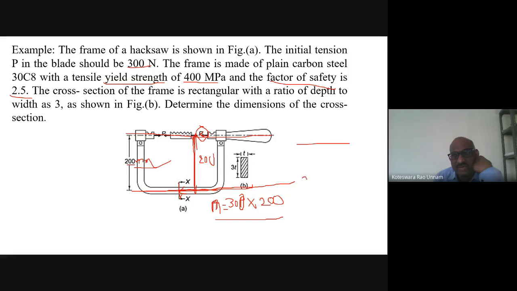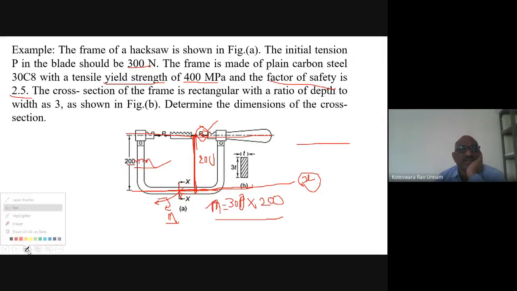Suppose I take the longitudinal axis as x, and P is acting in the x direction, of course in the negative x direction. And if I take the vertical direction as y, the load is in the x direction and the distance is in the y direction. So therefore it is going to create a moment acting something like this, a bending moment. It is not going to be a twisting moment.